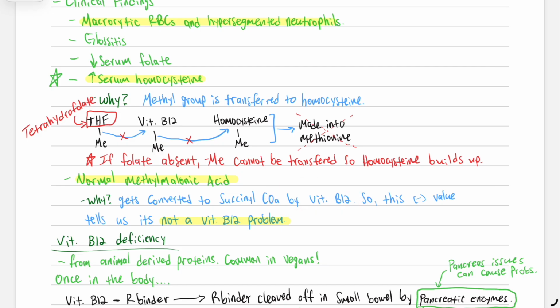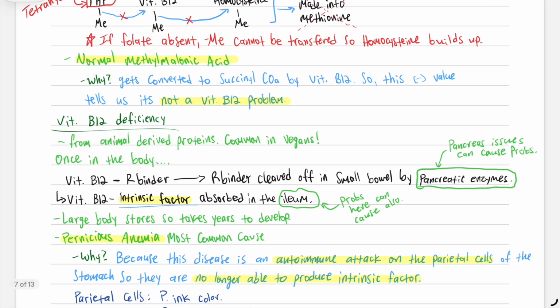So if we have normal levels of methylmalonic acid, we know it must be a folate deficiency because our vitamin B12 is being used to convert it into succinyl-CoA. However, if we have elevated methylmalonic acid, that is letting us know that it's not being converted to succinyl-CoA, so our vitamin B12 must be the problem.